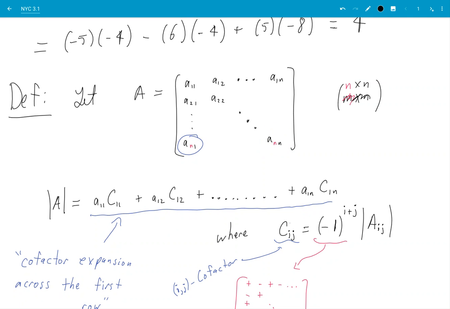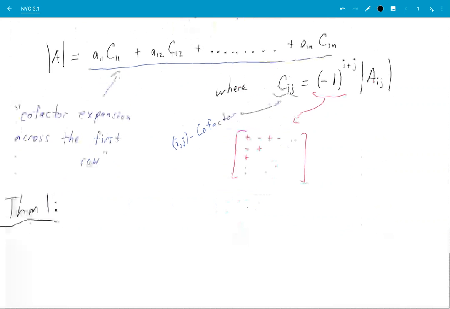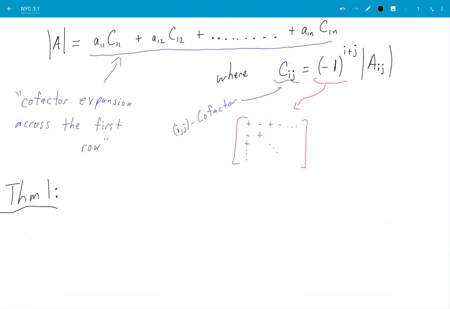Okay, let's finally do Theorem 1. Here we said first row. Theorem 1 says we can use any row or any column.